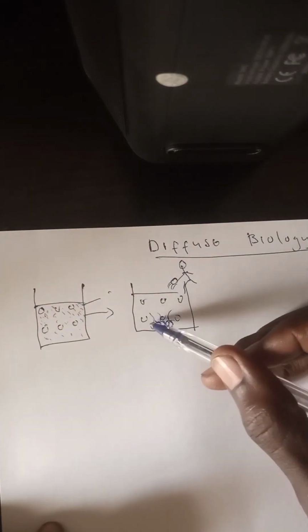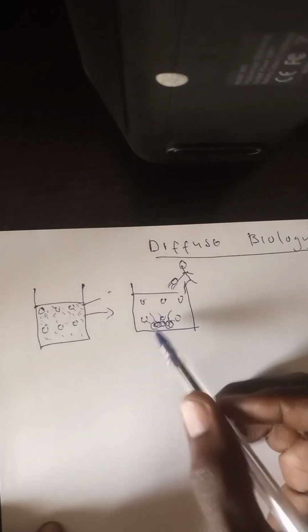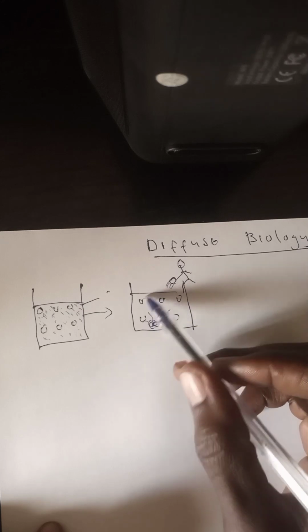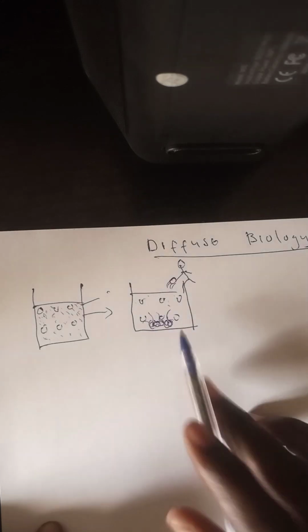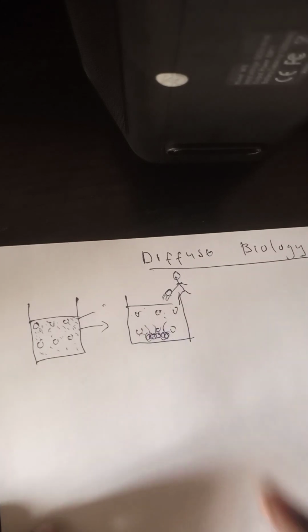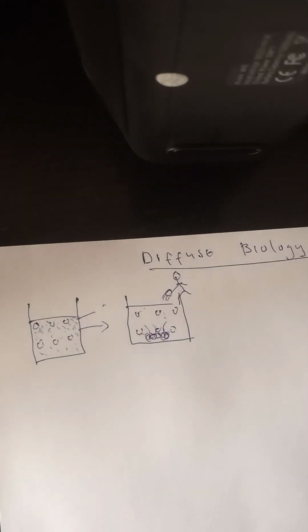They start to diffuse from this region where they're concentrated to a region where there is no sugar. And this won't stop until the concentration in the whole solution is the same. So that's the introduction to diffusion.